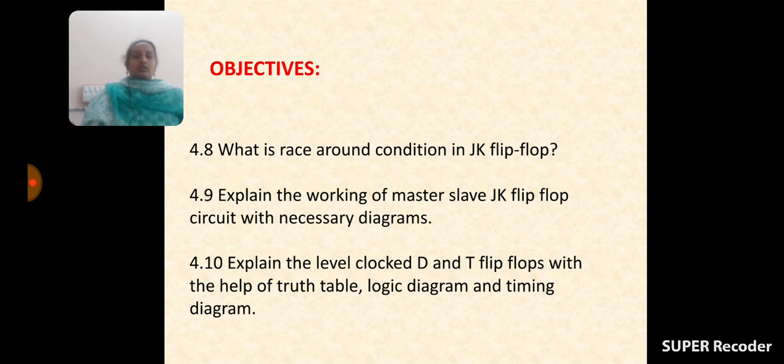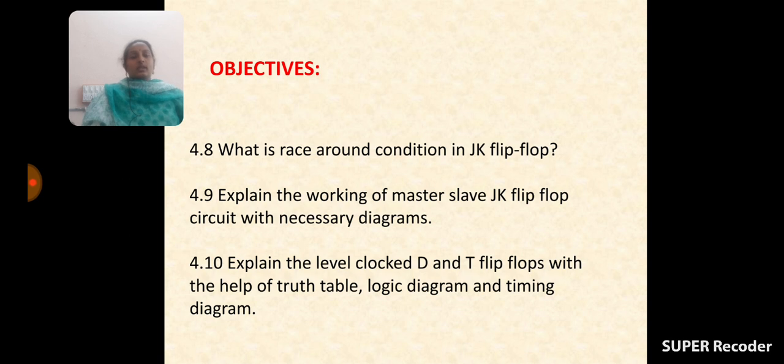And in the last class, we also discussed 2 special inputs, clear and preset. What is the use of clear and preset inputs? We get the output directly set or reset, irrespective of the previous stage inputs. If I want to directly set the output or reset the output, irrespective of the previous stage input, I move with clear and preset inputs.